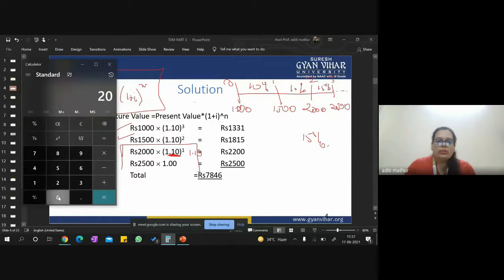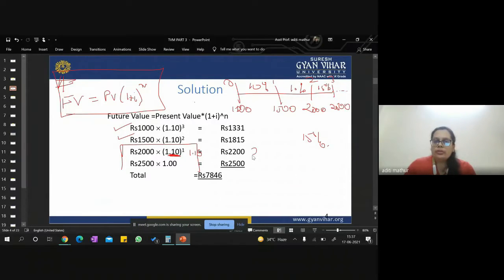Now let's check with the calculator what the amount will be. It is going to be 2000 into 1.15, which will give you 2300.